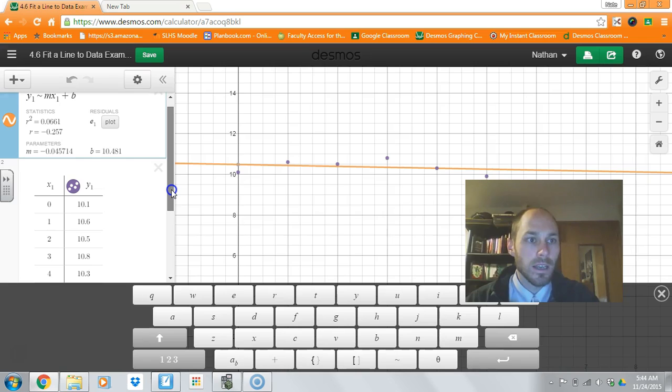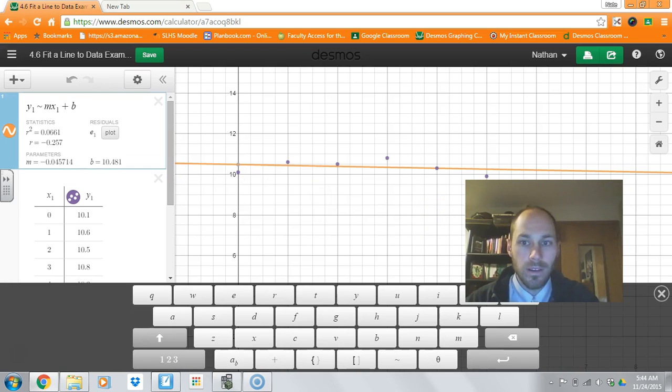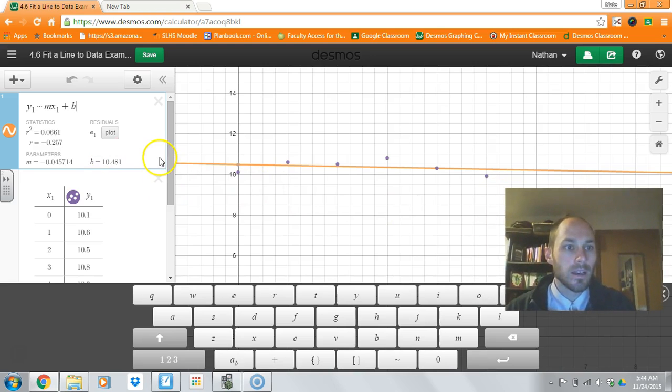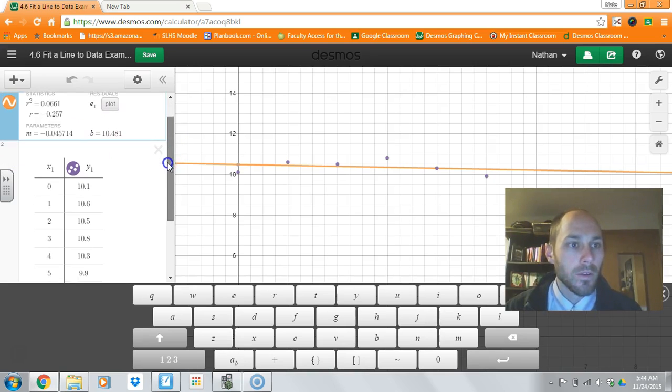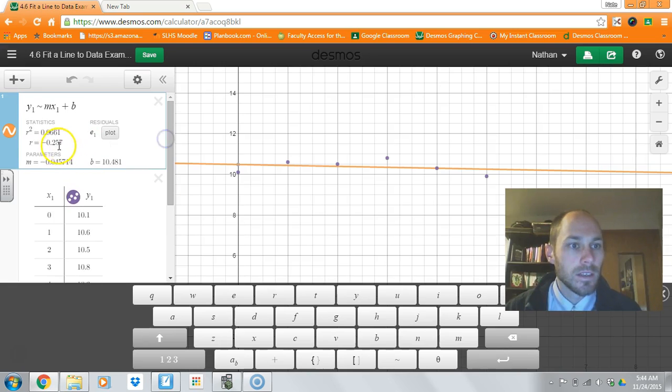And we can take a look at what we have. It looks like our regression line is listed here, y equals negative 0.05x plus 10.5 if we round up. And if we look at our R value, it's negative, so it's got negative correlation.